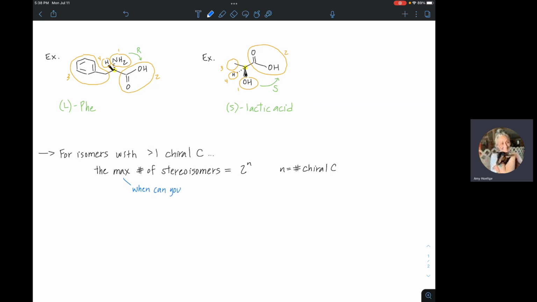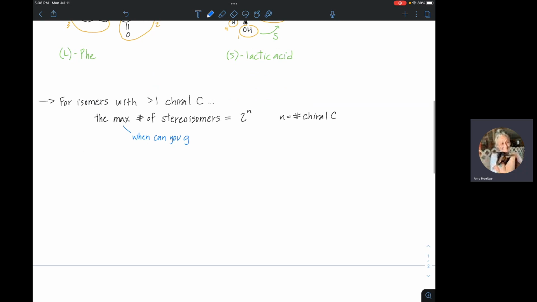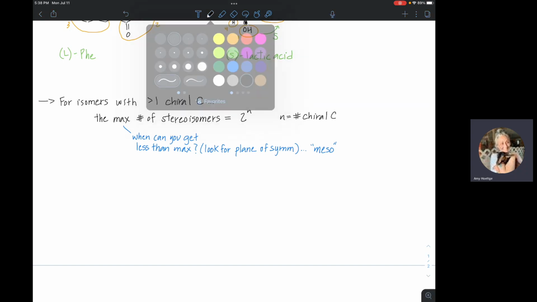This will be where you find a plane of symmetry in the molecule. So look for a plane of symmetry. In other words, you will have meso compounds. So let me draw you an example of that.